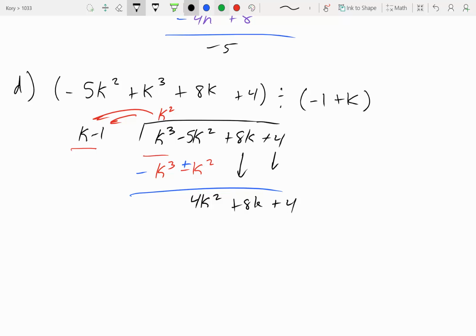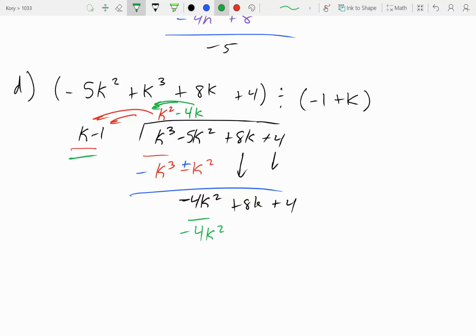Now we repeat our steps. So how do we make k be negative 4k squared? Well, we have to multiply by negative 4k. So we multiply by negative 4k, multiply it out. So negative 4k times k is negative 4k squared.